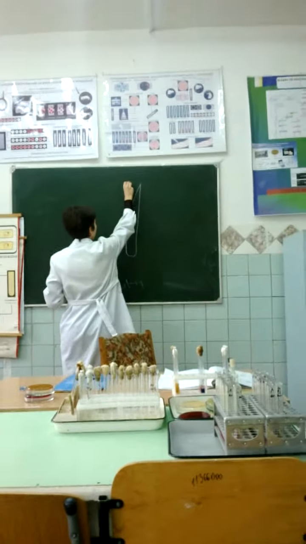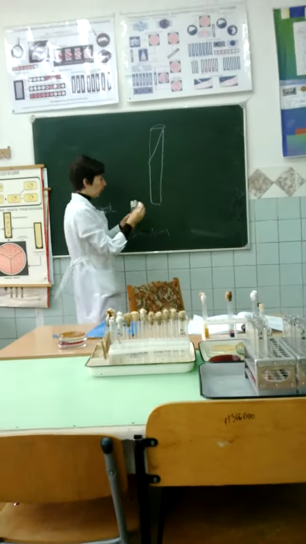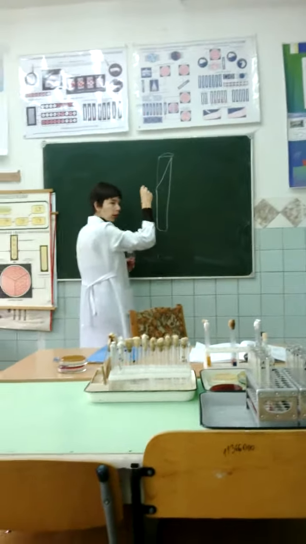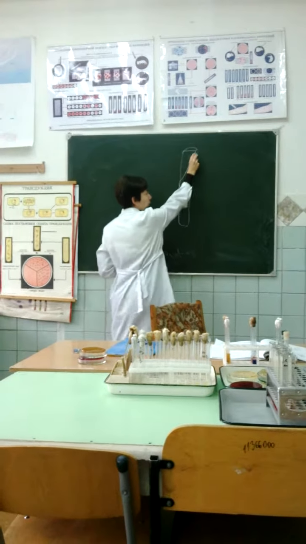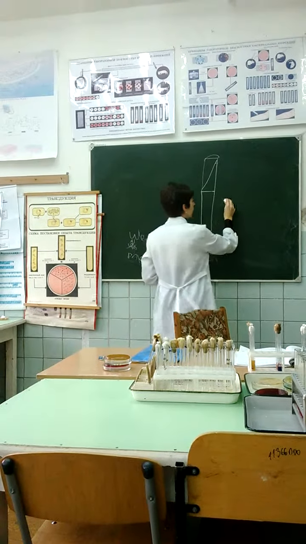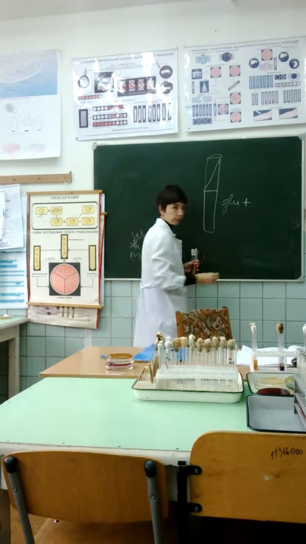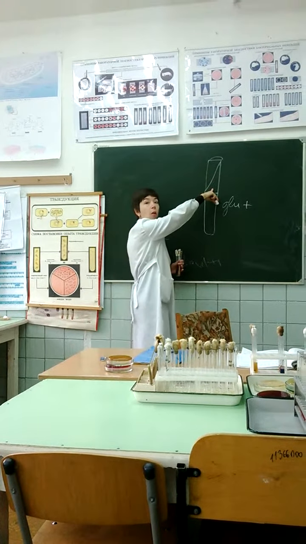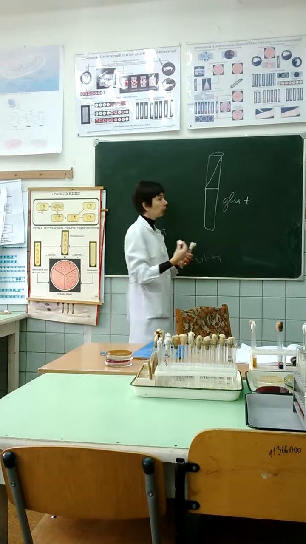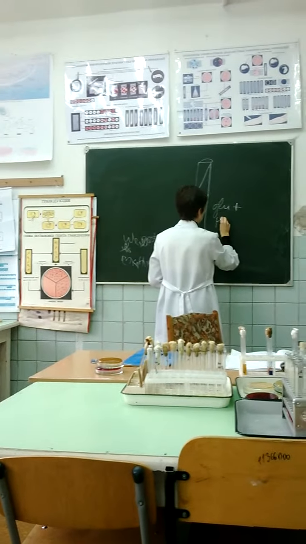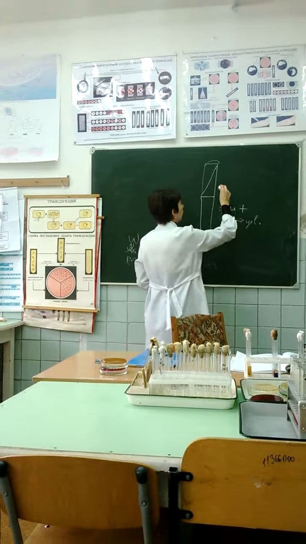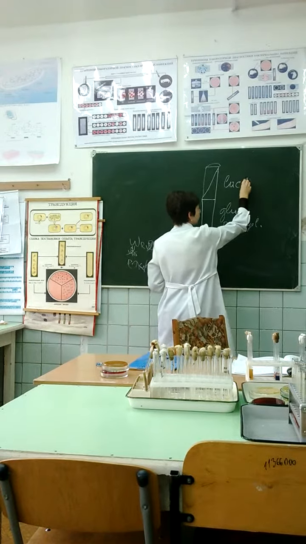This media has a butt and a slope, and bacteria are cultivated in the butt and on the slope. If the color changes in the butt, it means glucose positive. If the color changes on the slope from pink to yellow, it means lactose positive.